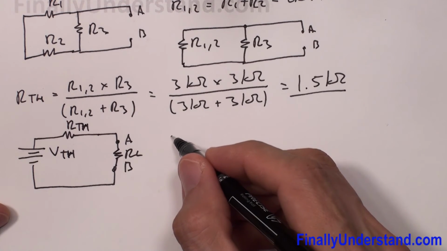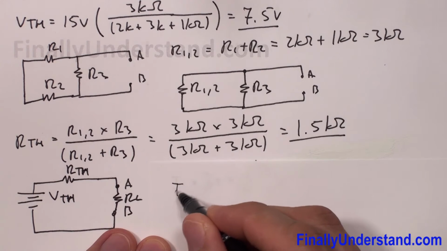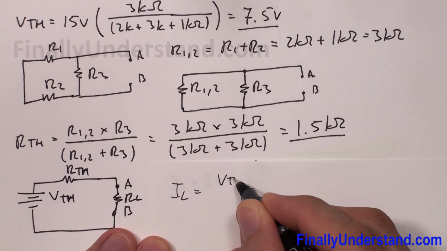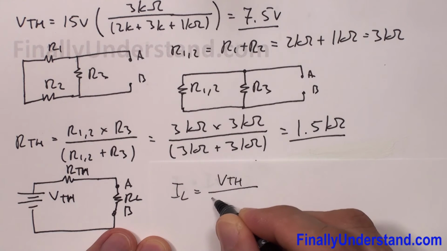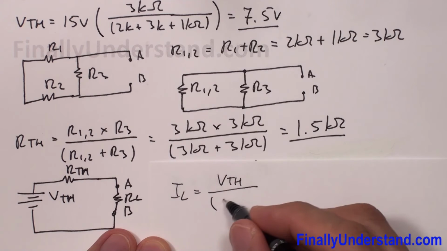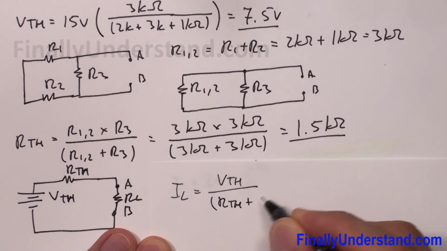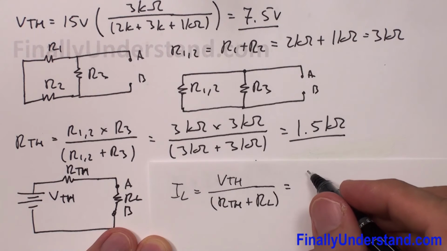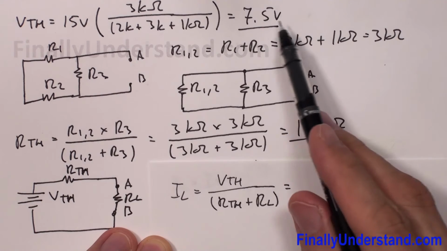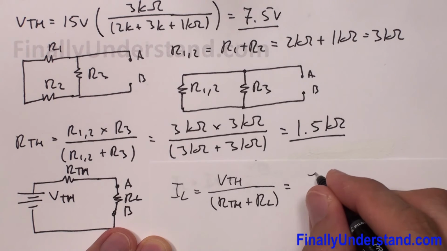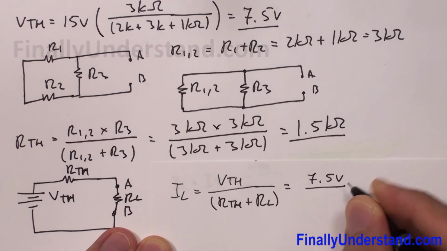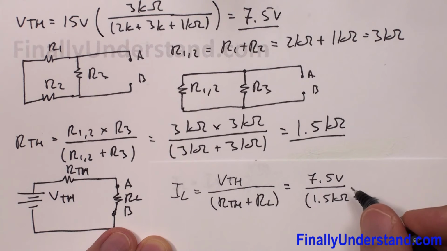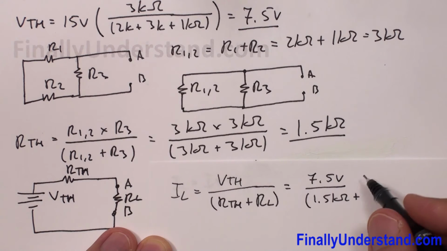So IL is VTH divided by RTH plus RL, where VTH we found is equal to 7.5 volts. So I have 7.5 volts divided by RTH 1.5 kilo ohms plus RL, which is equal to 3 kilo ohms.